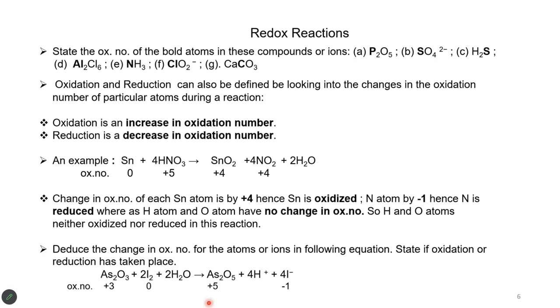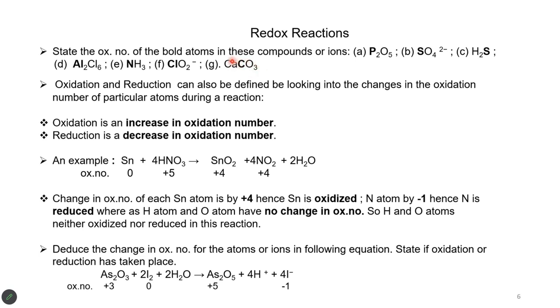So here are a few example compounds from which we can find the oxidation number of the bold atom. I take this one first, CaCO3. We want to know the oxidation number of carbon here. We know this is a neutral compound, so the sum of the oxidation numbers of all atoms should be 0.